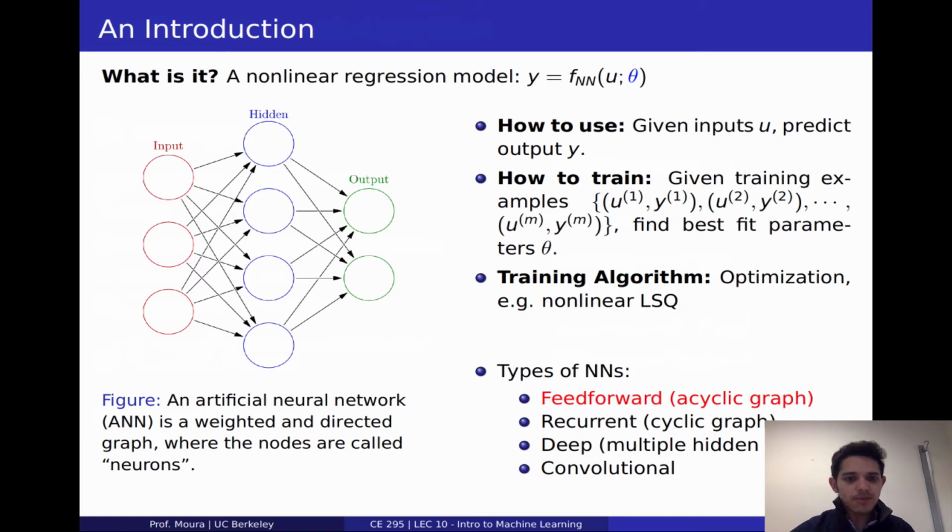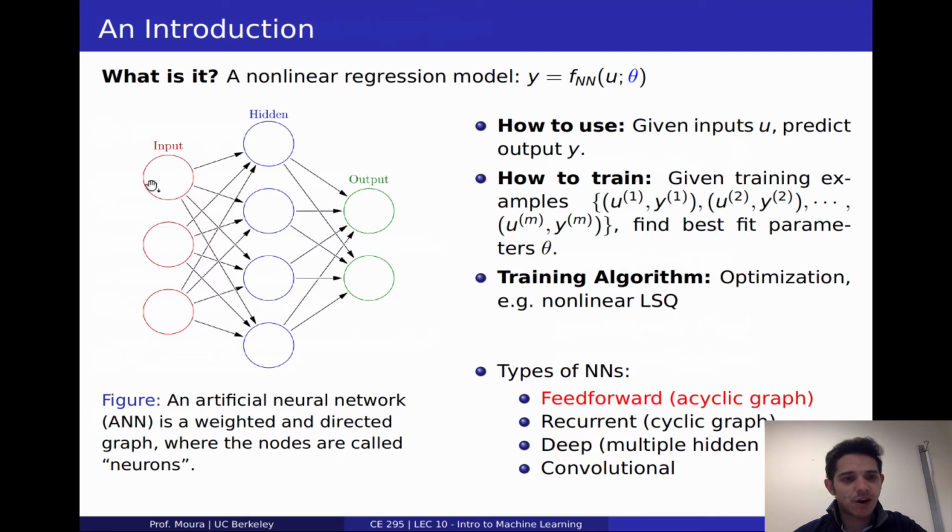A graph of a typical neural network looks like what we have on the left. This is a visualization, and it's often represented by this graph. In particular, an artificial neural network is a weighted and directed graph where the nodes we refer to as neurons. That's the jargon of neural networks.